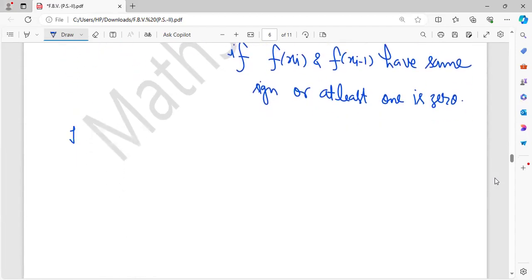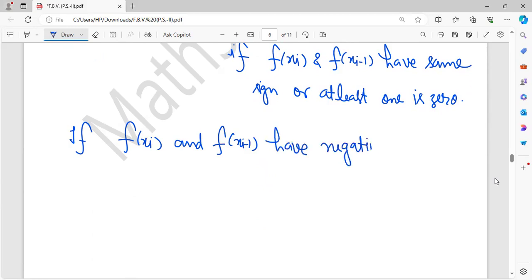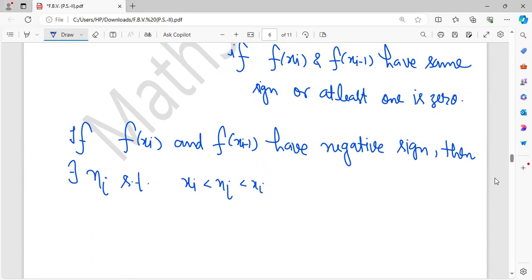If f(x_i) and f(x_{i-1}) have opposite signs, then what will happen? Then there exists eta_i in between them such that f will be 0 at eta_i, by continuity of f.